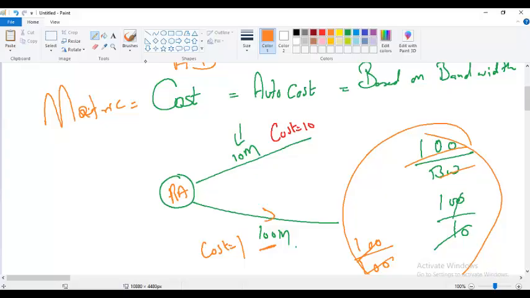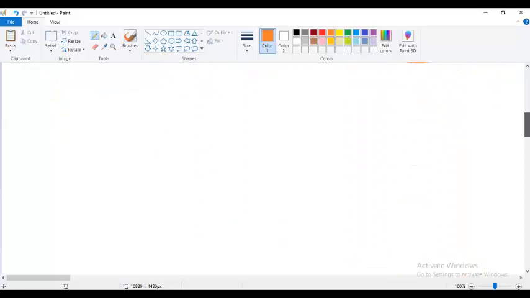Next, OSPF. O stands for open. What is that open? It's an open standard routing protocol. SPF is an algorithm which is used in this OSPF.